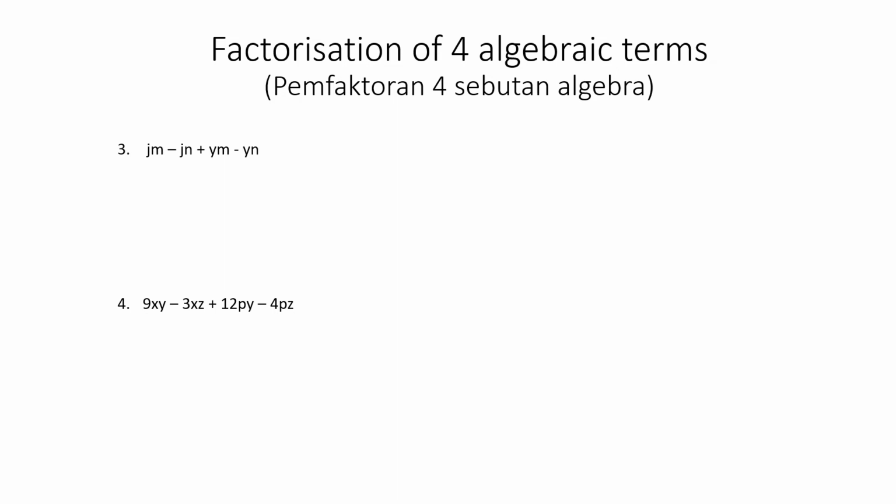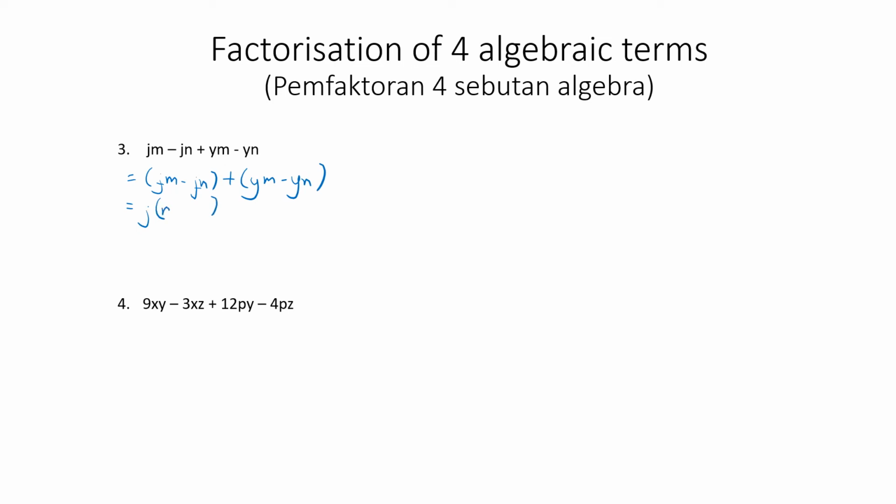For third question, the first step is group them with common terms. So I group it jm minus jn, one group, and another group is ym minus yn. So the common term is j here. So the j, next step is common terms you put outside of the bracket, j.